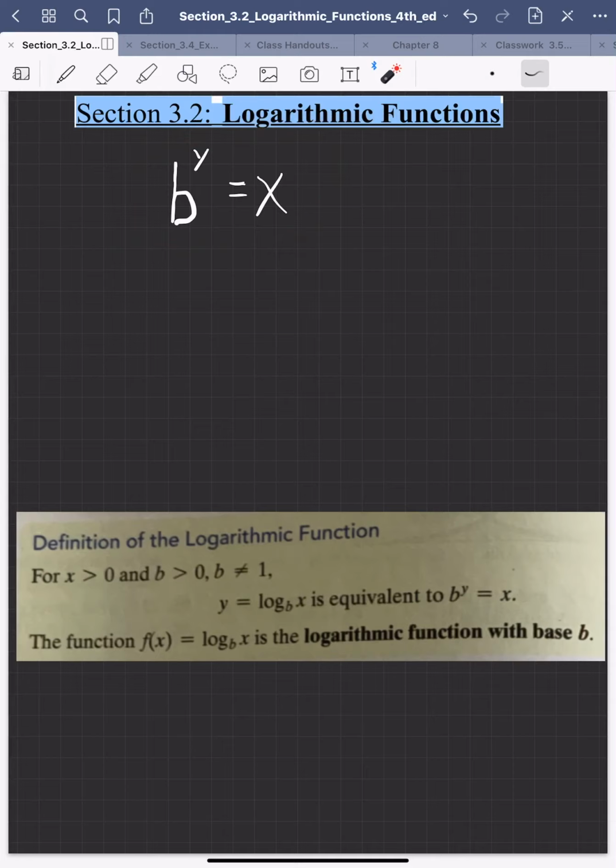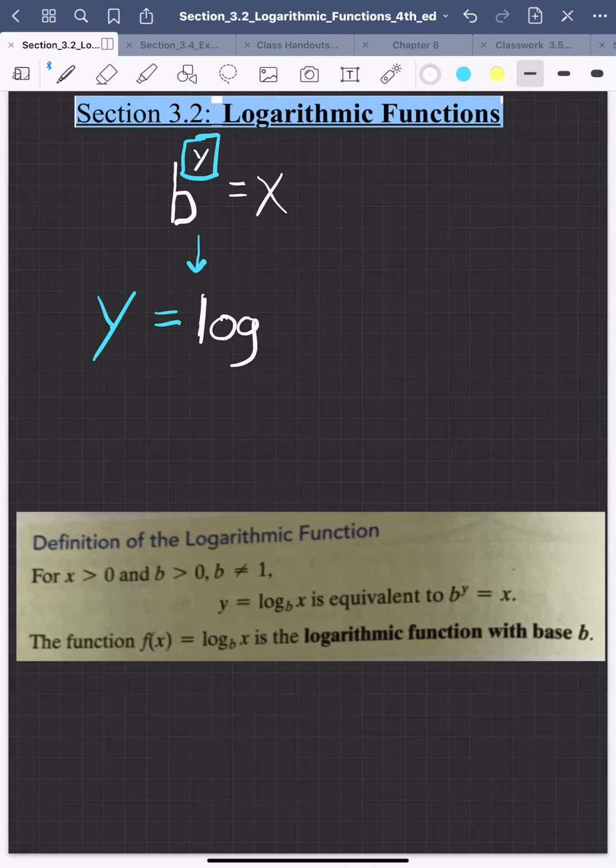There's going to be some new notation here that maybe you haven't seen before. But I'll go ahead and answer the question. How do we solve for y? Well, this is what we're going to do. Y is equal to, ready? So here's the new notation that you might not be familiar with.